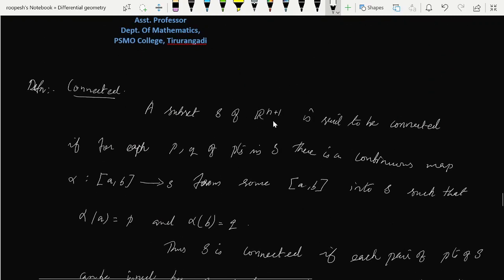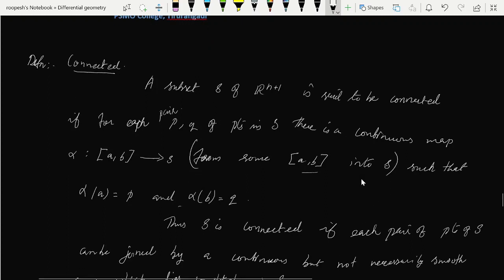So a subset S of R^(n+1) is said to be connected if for each pair p, q of points in S there exists a continuous map alpha from some closed interval [a, b] into S such that alpha of a is equal to p and alpha of b is equal to q.